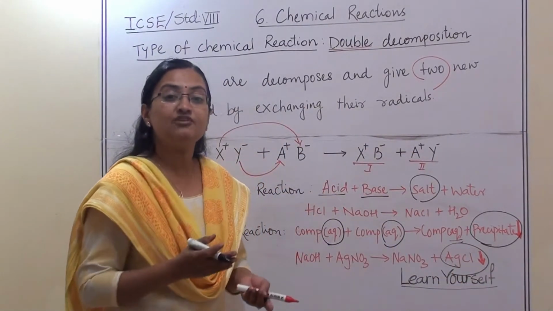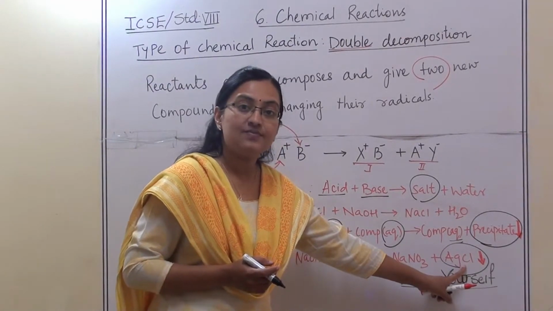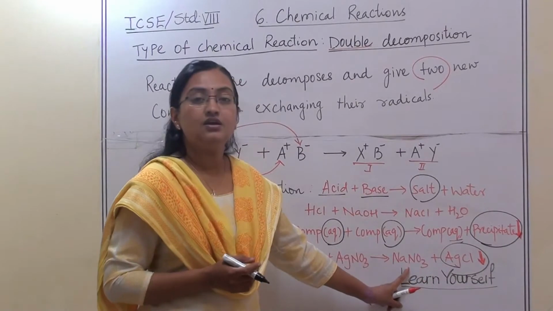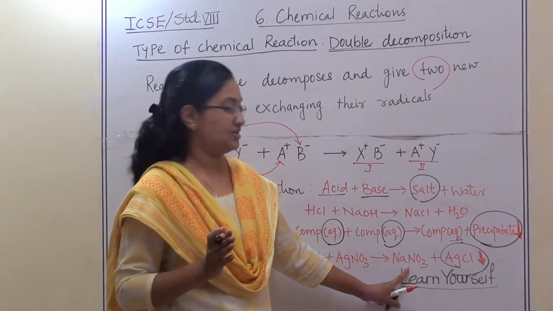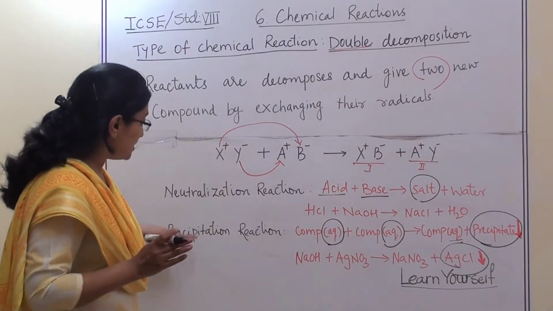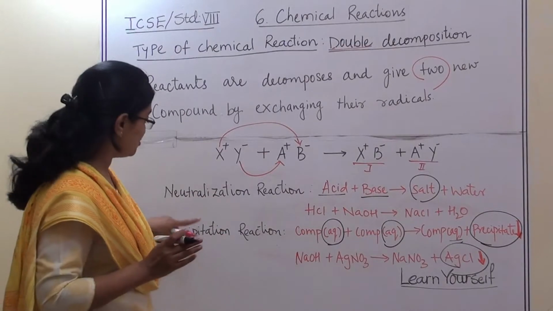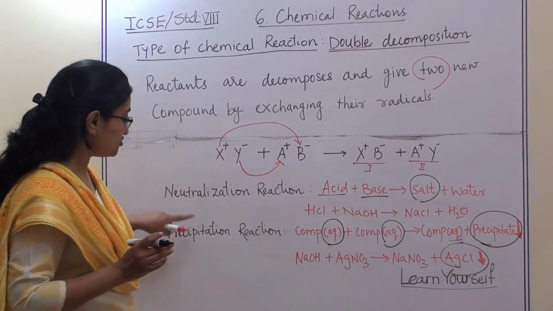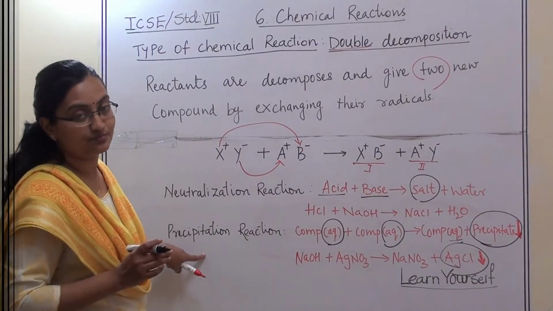You can filter it out and as a residue you will get AgCl, and in the liquid your other compound will be there, that is sodium nitrate. So there are two subparts of double decomposition reaction: the first one is neutralization reaction and the second one is precipitation reaction.